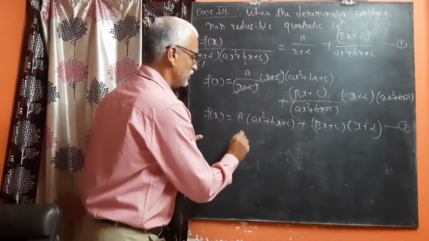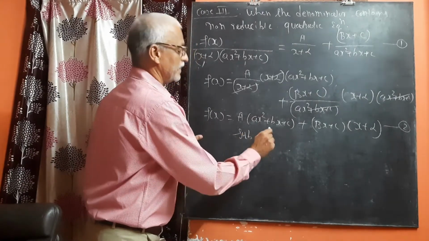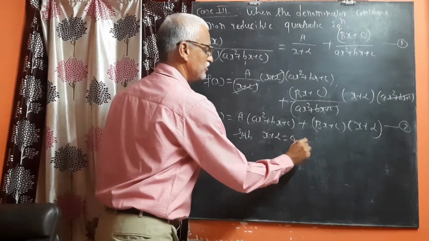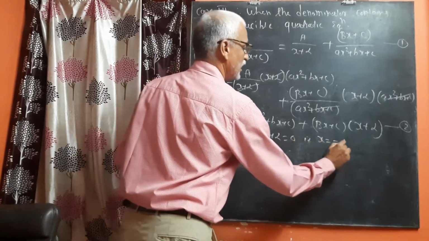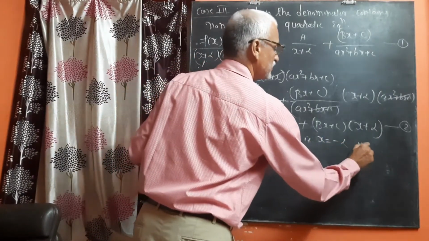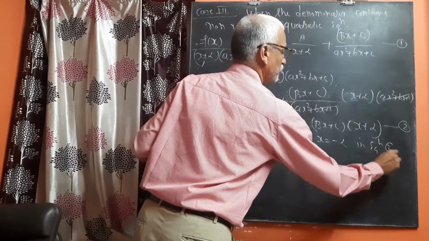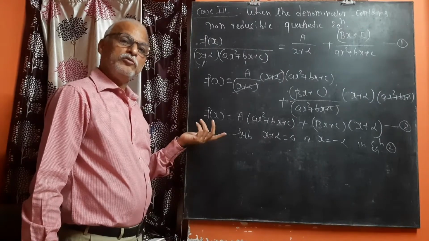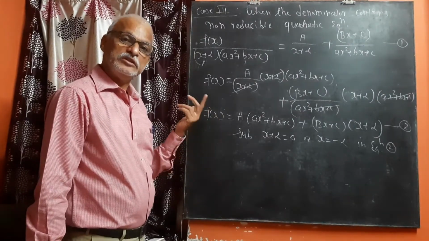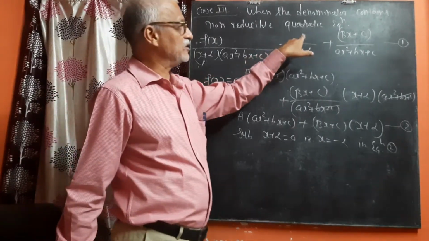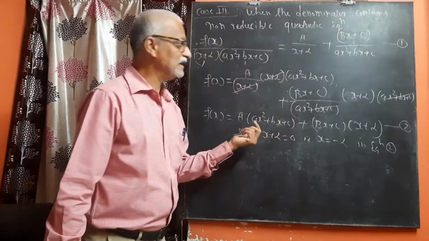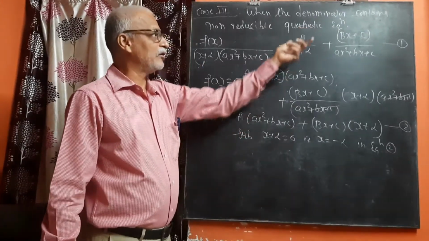So substitute the denominator of A, that means x plus alpha equals 0, that means x equals minus alpha, in equation 2. In all, how many substitutions are there? Three. Why? Because there are three constants A, B and C. Out of those three substitutions, one is done, that is the denominator of A.